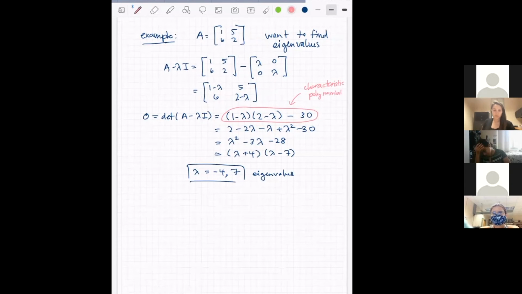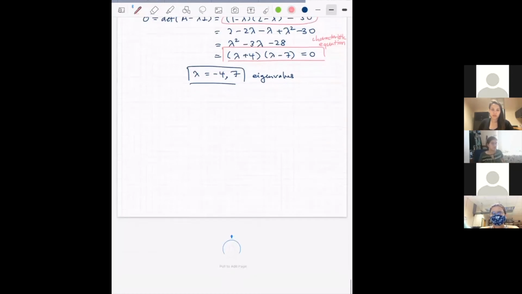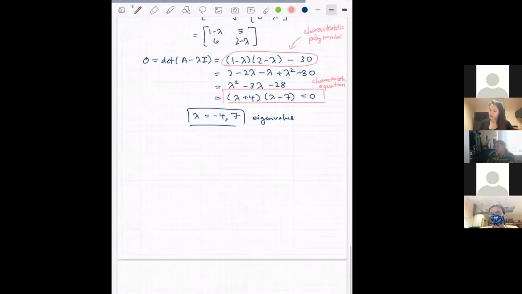So this will always give us a polynomial in lambda. And the equation, where we set this equal to 0, is what we call the characteristic equation.